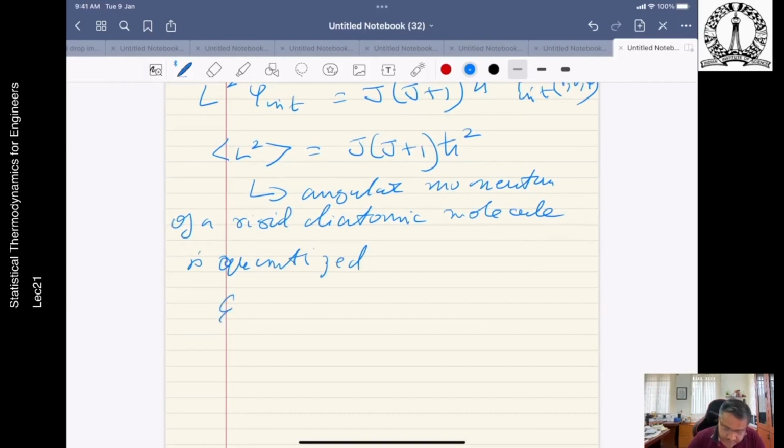The energy of rotation, assuming it's a rigid rotor, is j into j plus 1 h bar squared by 2I.